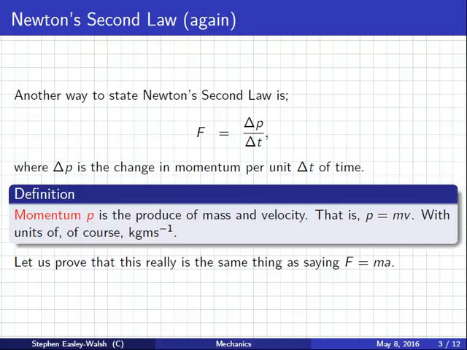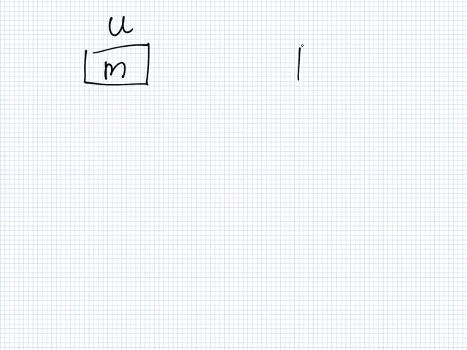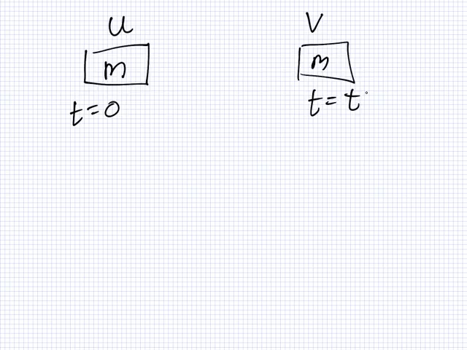So now, I'm going to prove that this formula is the same as F equals ma. Okay. So what happens here is, we have a mass, and its velocity is u, and then its velocity increases to v, and here the time is 0, and here the time is t. So, Newton said F equals change in momentum over change in time.